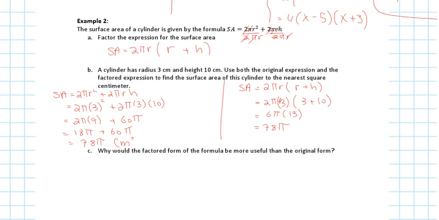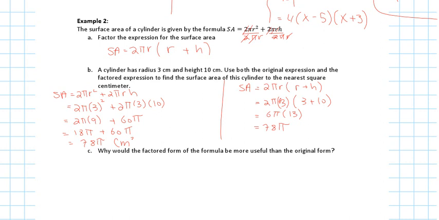So did you find that the factored form is easier to solve, right? There's no square, there are no 2 terms that I have to separately do and then add together, so it's easier. The question is, why would the factored form of the formula be more useful than the original form?